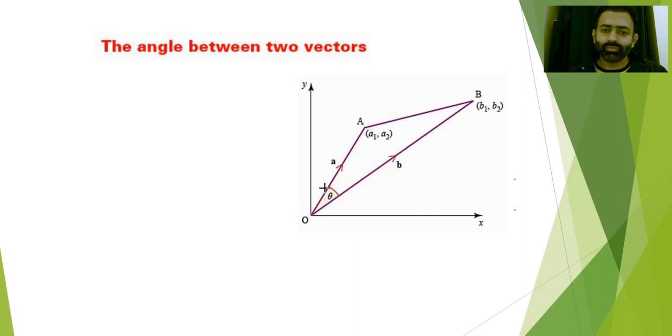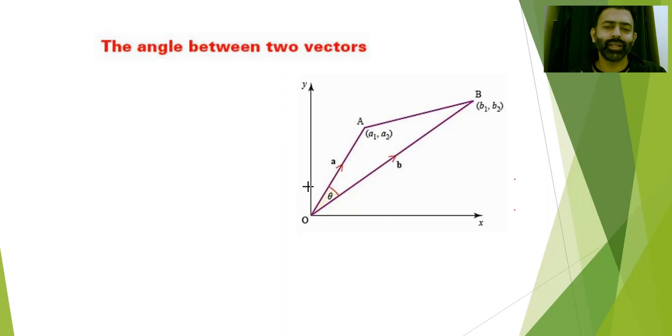Since there is a triangle and an angle involved, and this angle is included between these two sides, I think this information is enough to apply the cosine rule.